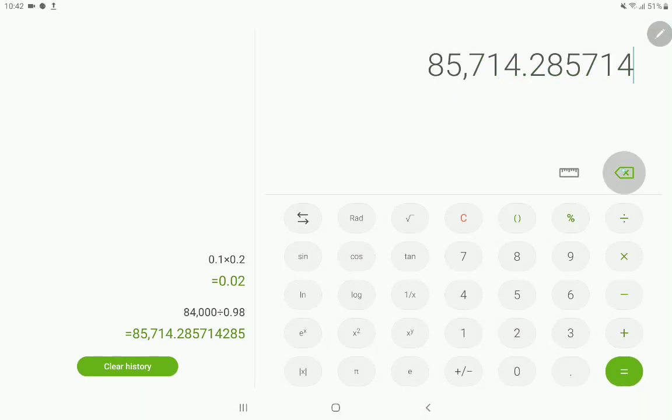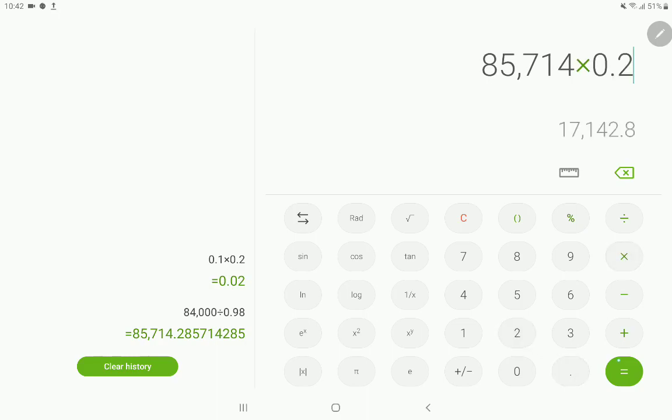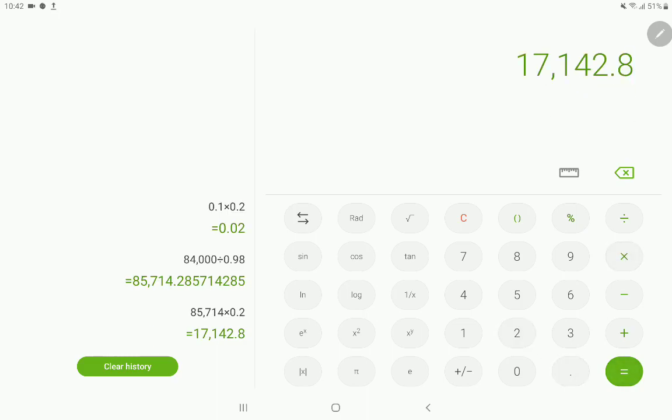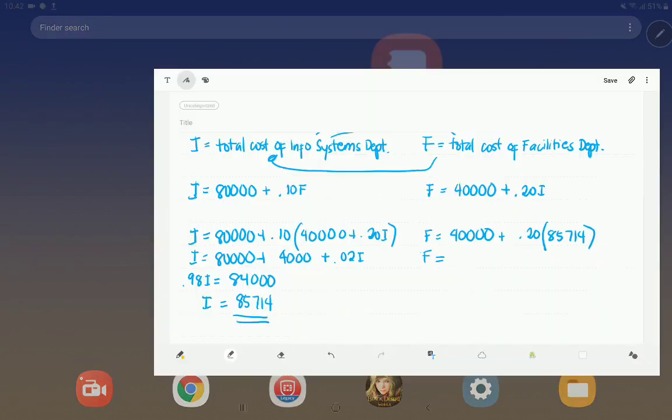85,714 multiplied by 0.2 gives us 17,143.